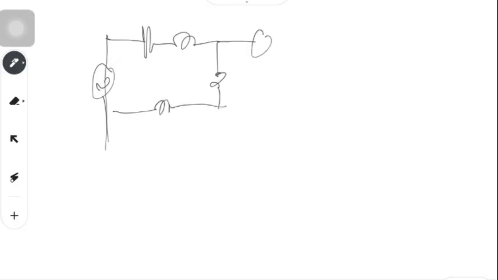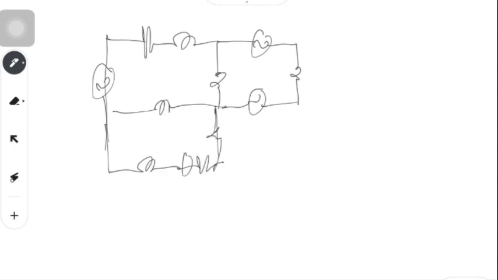Halimbawa, ganito ang ibinigay ko. Find the current on its element.